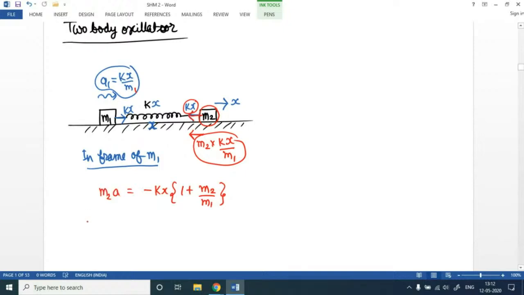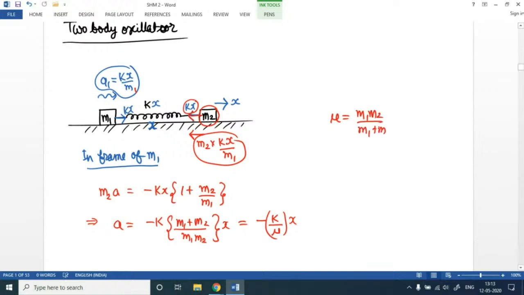Rearranging, a will be minus k into (m1 plus m2) divided by m1 m2 into x, and we prefer to write it in this form: minus k upon mu into x, where mu is nothing but m1 m2 upon (m1 plus m2), which is also known as the reduced mass. So in this case, the time period of the oscillation would be 2 pi root under mu by k.